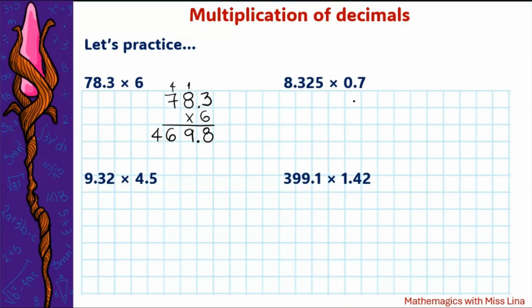That's it. This one, let's do it here. 8.325 times 0.7. The two numbers are decimals. 7 times 5 is 35. 2 times 7 is 14, plus 3 is 17. 3 times 7 is 21, plus 1 is 22.